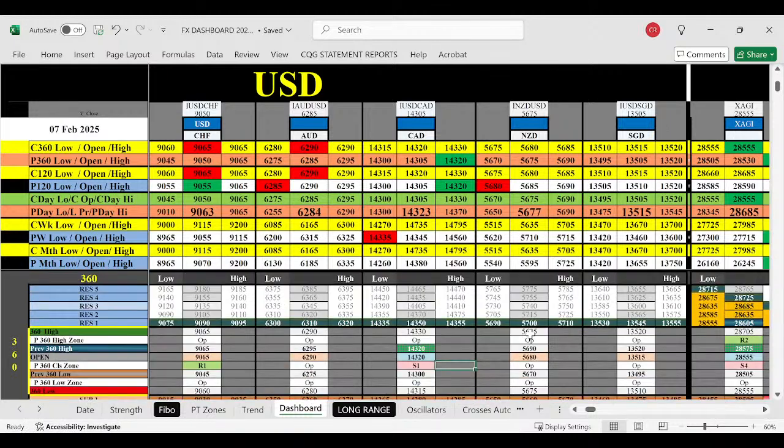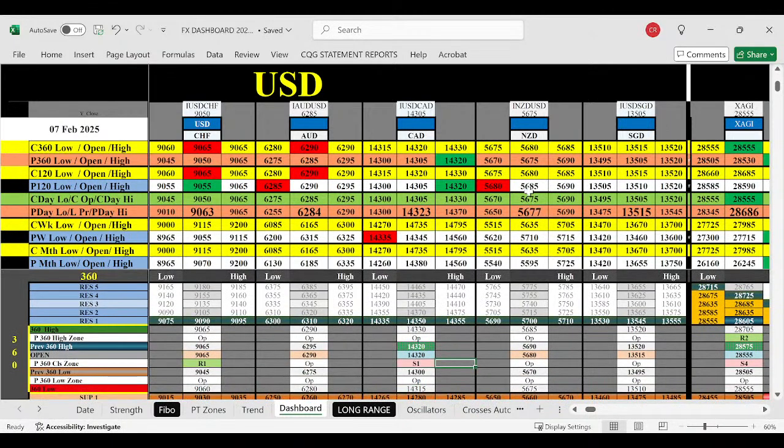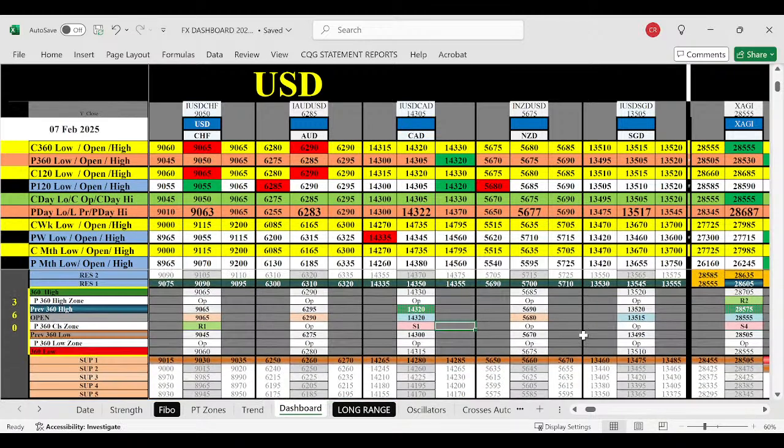Okay, so now we are looking at New Zealand dollar. Right now the market is trading at 77, near the current day low. Previous day low was 56.5, and your current day high and previous day high are equal. So this is also in a very tight range.